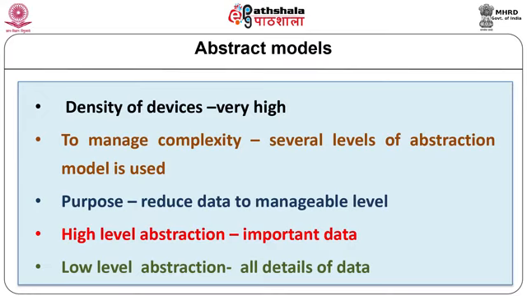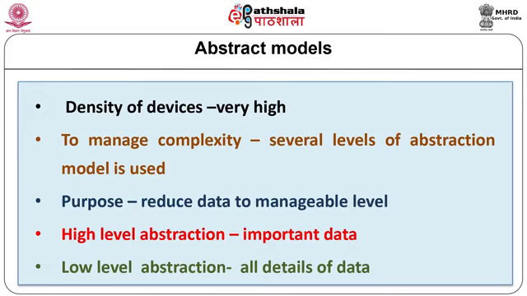In order to manage complexity of this level, it is recommended to describe a system in several levels of abstraction. An abstraction is a simplified model of the system. It shows only the important features, ignoring associated details.